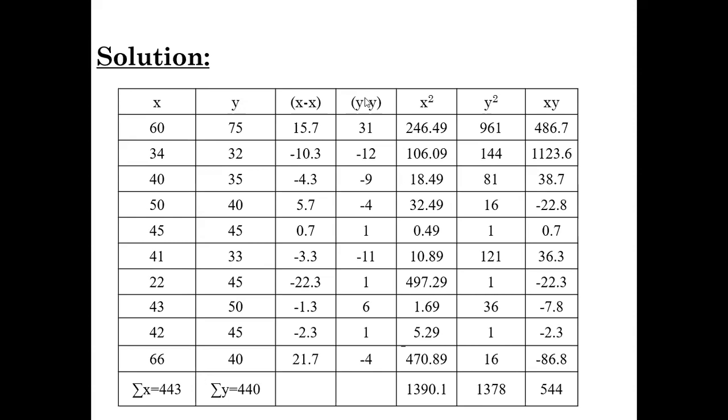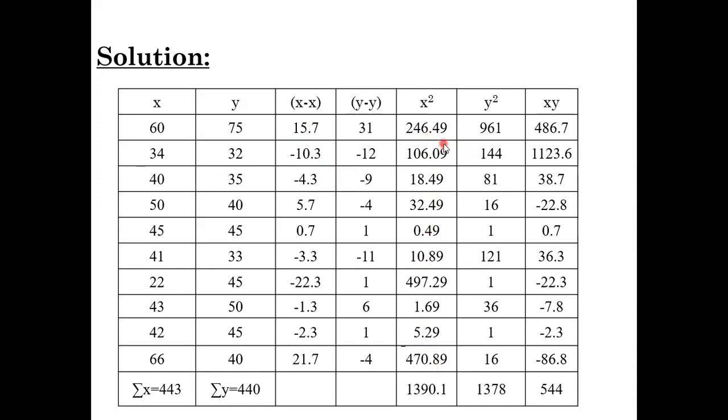Now the next step is to make the X square. How to do the X square? You have to multiply X into X. 15.7 into 15.7. Like that if you do, you will get all these values.